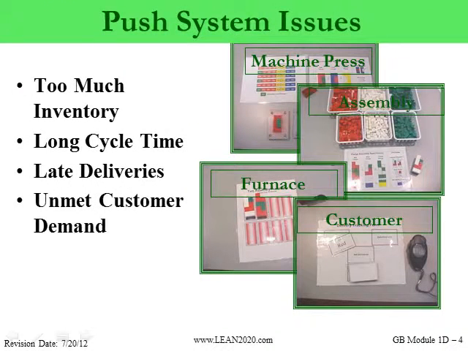Some of the issues that we have with push systems is we have too much inventory. I'll give you an example. I worked in a manufacturing environment where one operation was doing some photo imaging. The next operation was a plating department. And because the imaging department didn't have a lot of problems and had a lot of capacity, it would outproduce the plating department.